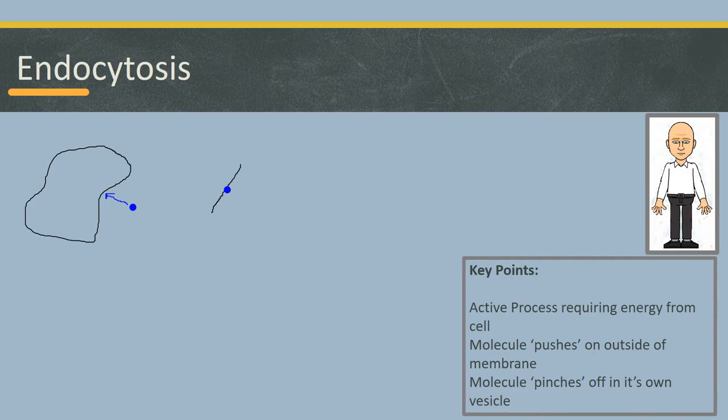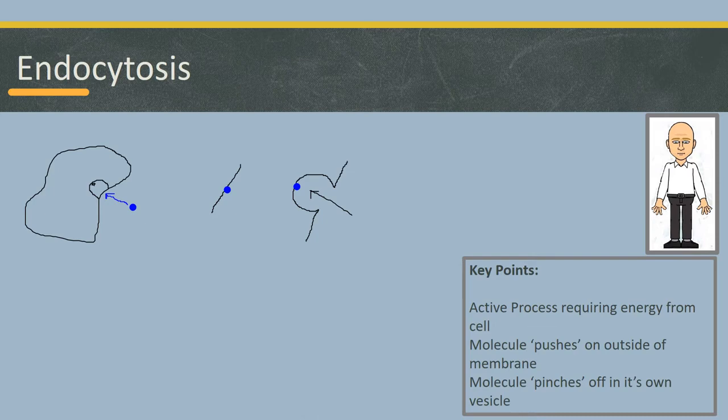And what actually happens is that the cell membrane starts to pinch in. You can see that this molecule has sort of pushed its way into the cell, so it would be bulging in.